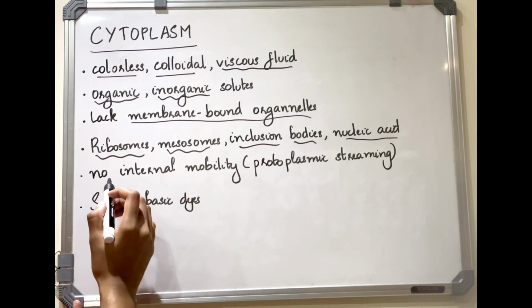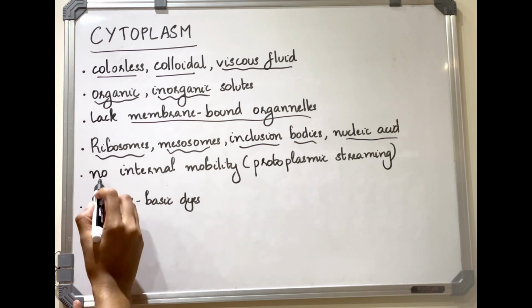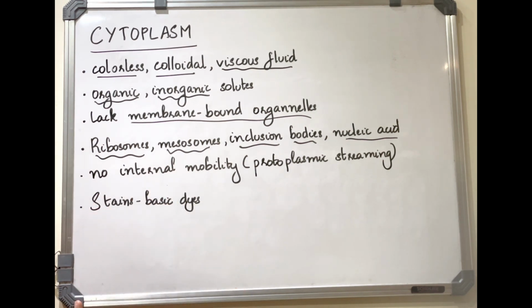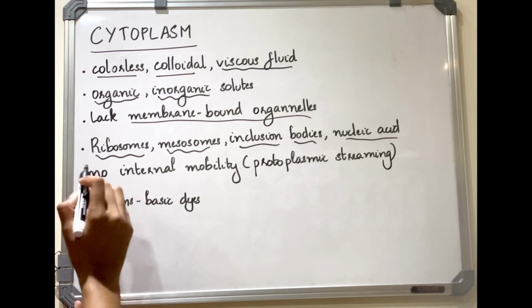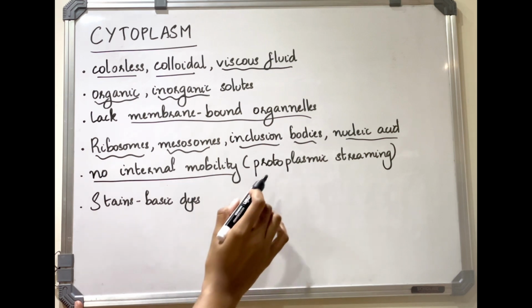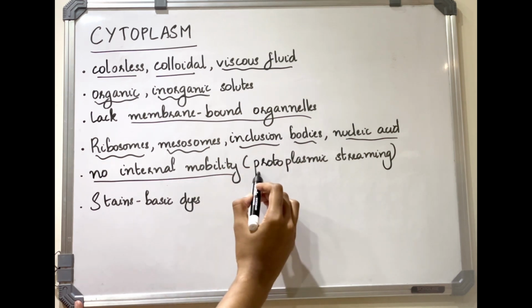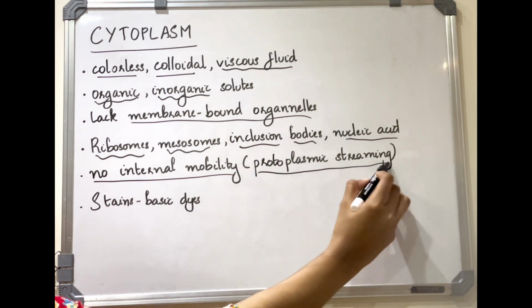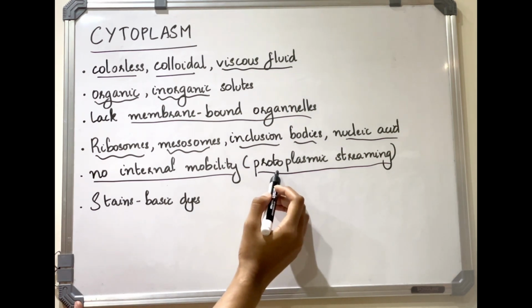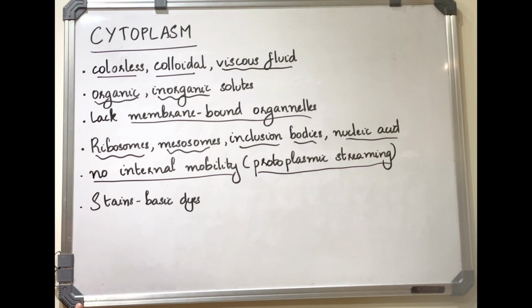Now the cytoplasm will not show any kind of internal mobility. They differ from the eukaryotic cytoplasm in that they do not show internal mobility, or we can say protoplasmic streaming or cytoplasmic streaming. Now what is protoplasmic streaming or cytoplasmic streaming?